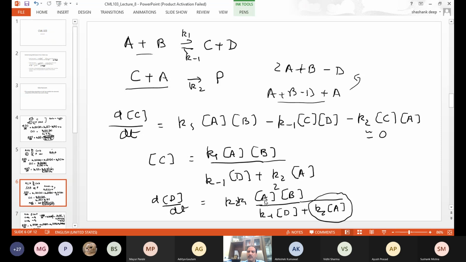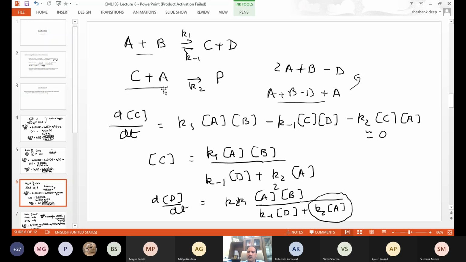Okay. And generally what you do is, from this rate law, you can simply see what happens when this will be the slow step. When K2 is small, am I right? Is this okay? Do you understand this? K2 is small, then only it can be the slow step.